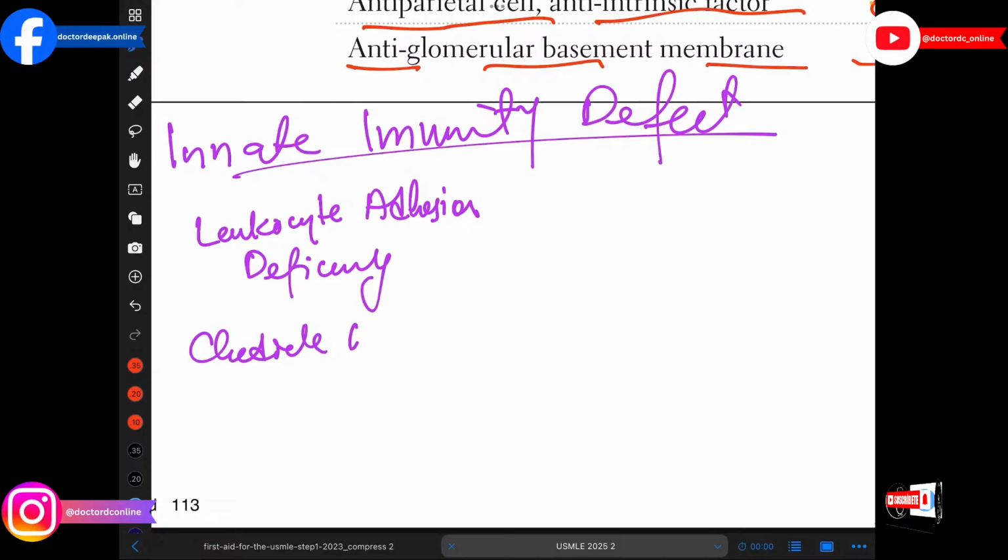Now we are going to start with immunodeficiencies.